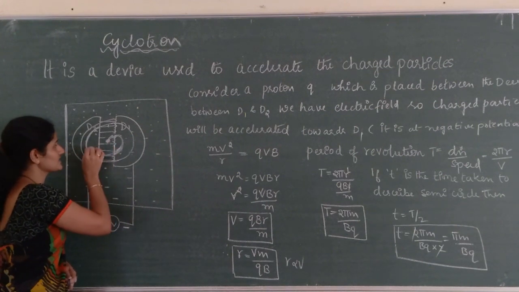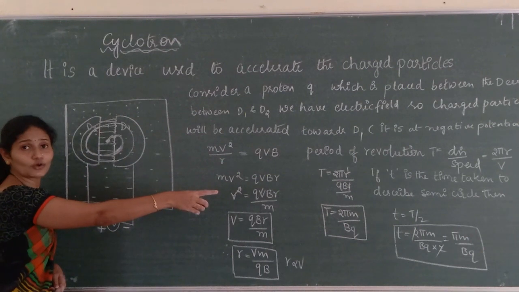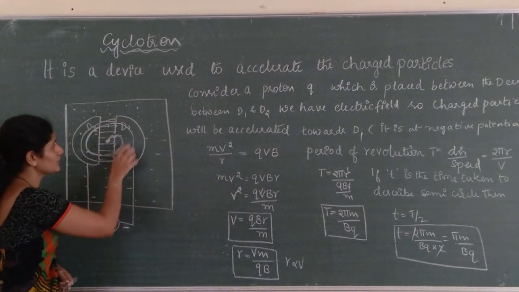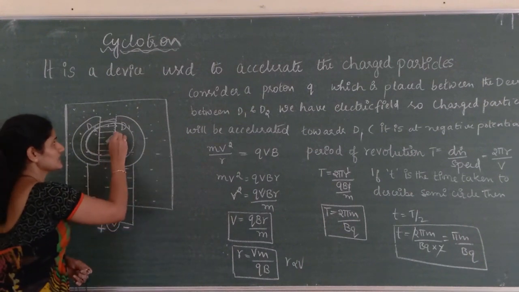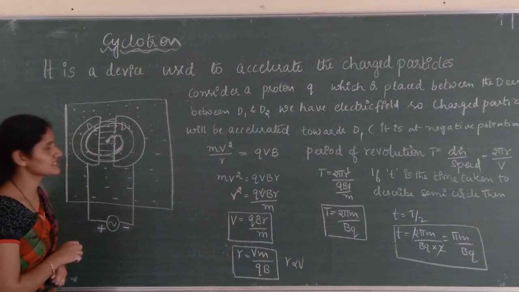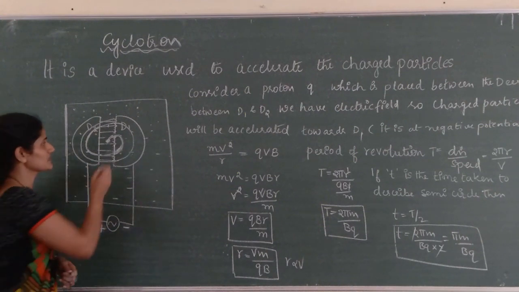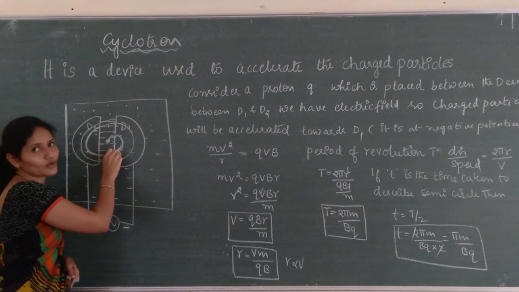If this is 5 seconds, then this is also 5 seconds, because time t is independent of velocity and independent of radius. Radius increases, but the time taken by the charged particle to describe the semicircle will not change, it will remain constant.